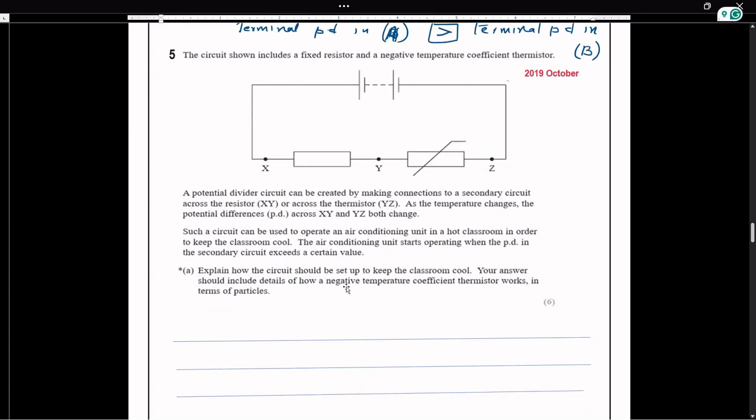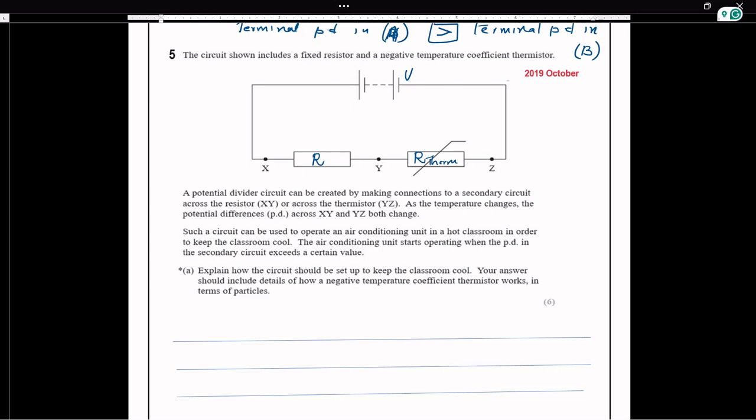Explain how the circuit should be set up to keep the classroom cool. So what is this question? Look at the circuit. There is a battery, then there is a fixed resistor R, and there is a thermistor, the resistance of the thermistor. So this is a potential divider arrangement across this battery.